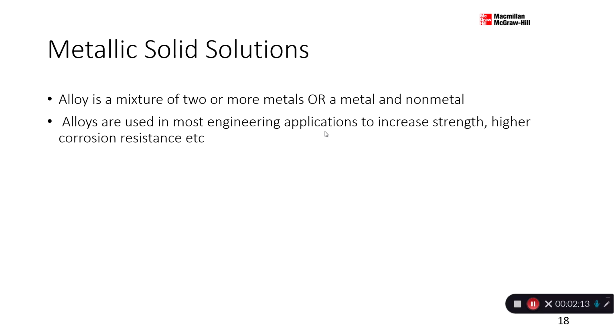They're used in a lot of engineering applications to basically improve the properties of the product that we want. That includes increasing the strength, having a higher corrosion resistance, maybe a higher melting temperature. So the components of the alloy depend on what function you want.